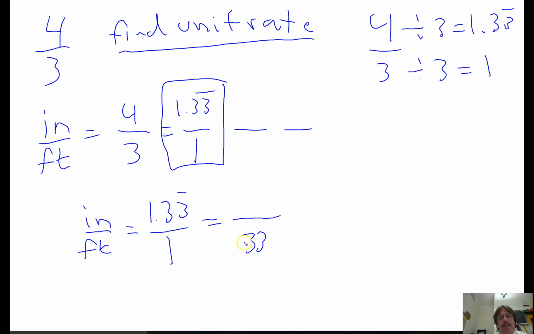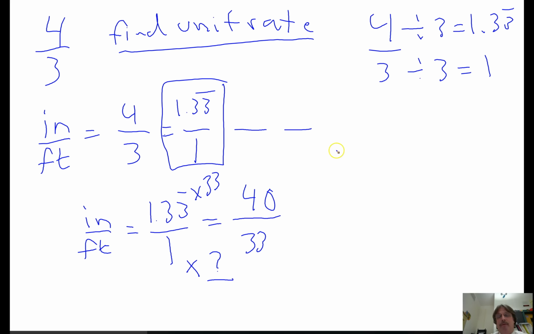Notice I put it on the bottom. So I can ask myself, 1 times what number will give me 33 feet? Well, obviously it's 33. So what I do on the bottom, I do on the top. So I'm going to take 1.33 times 33, and if you do the math, I can do that for anything else that I wanted to do also.